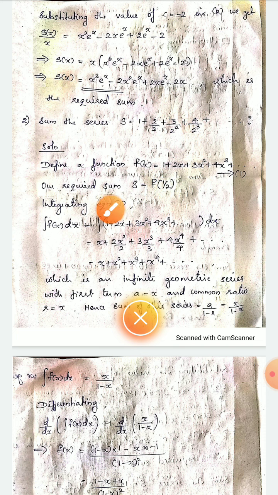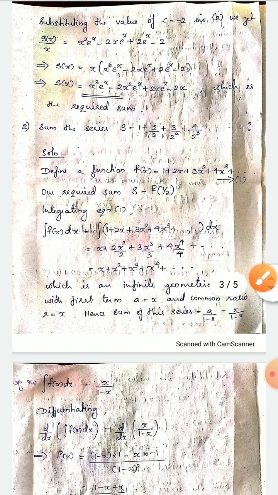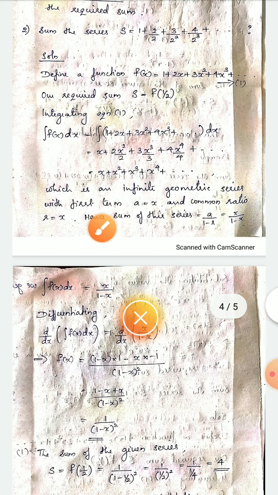Integrating equation 1. This f of x is equation number 1, and we are integrating. Integral f of x dx is integral of 1 plus 2x plus 3x square plus 4x cube plus etc. dx. When we integrate, that becomes x plus 2x square by 2 plus 3x cube by 3 plus 4x raised to 4 by 4 plus etc. When we cancel, it becomes x plus x square plus x cube plus x raised to 4 plus etc., which is an infinite geometric series with first term a equal to x and common ratio r equal to x.